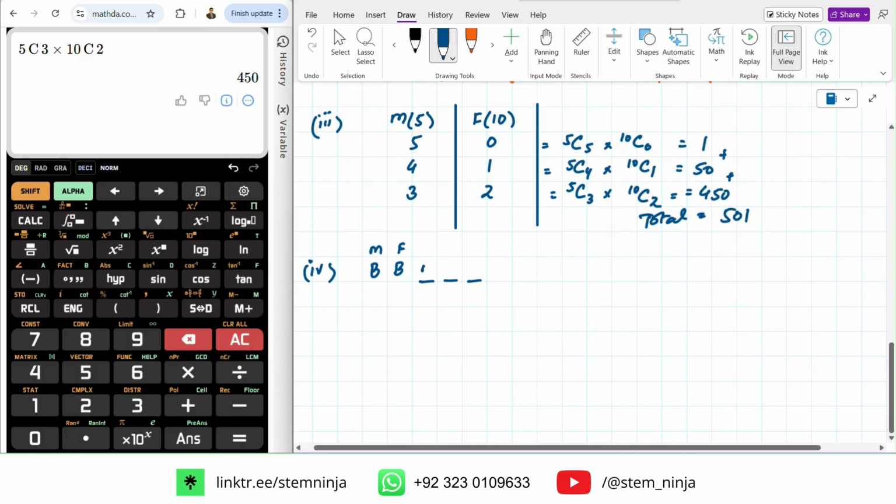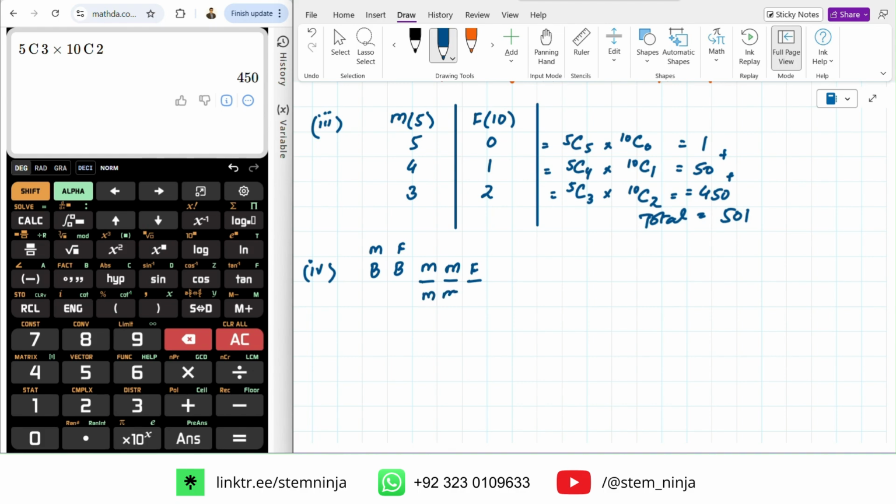We can have two males, one female, or we can have three males also. So remember, one male and one female were already selected. So out of 4 males remaining, we are choosing 4C2 times 9C1. And for this one, this would be 4C3, 9C0.